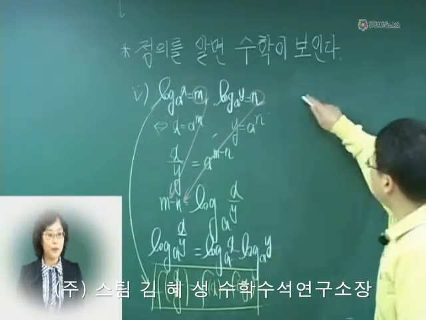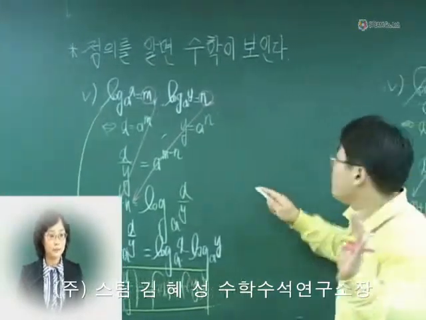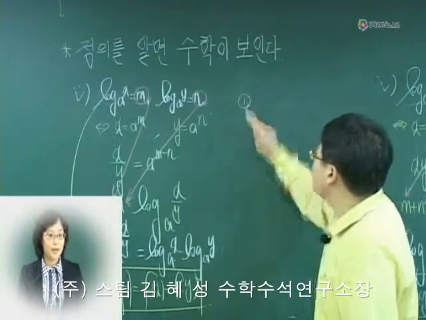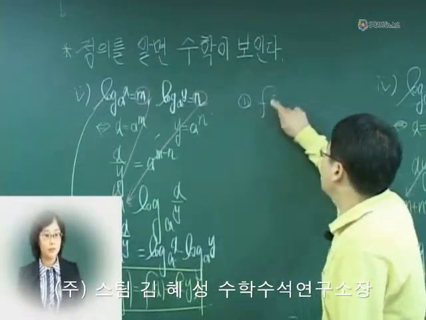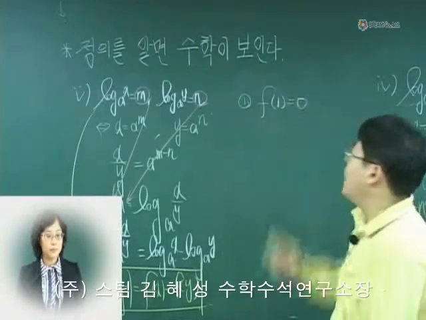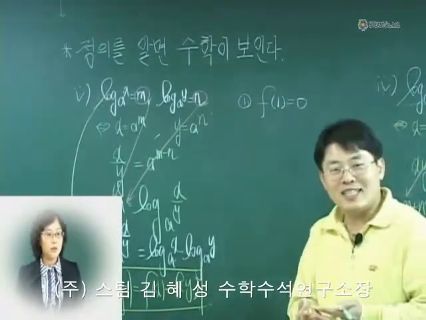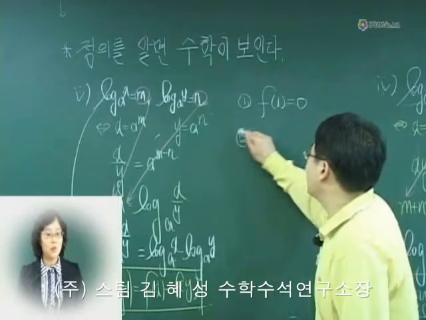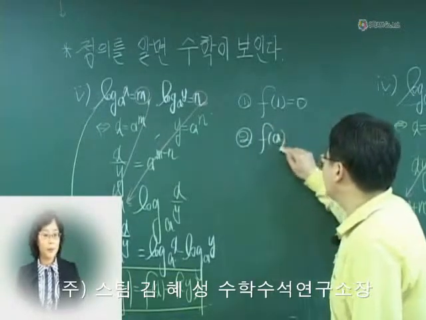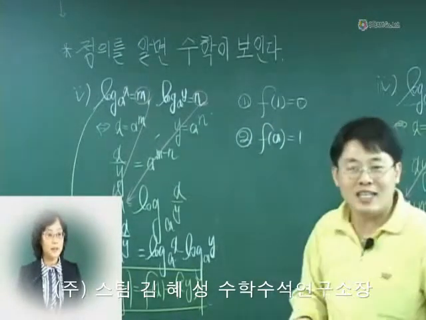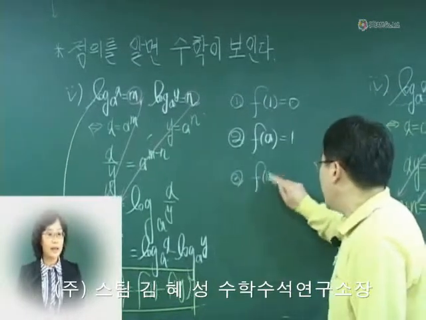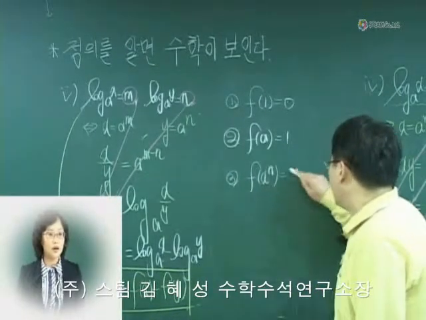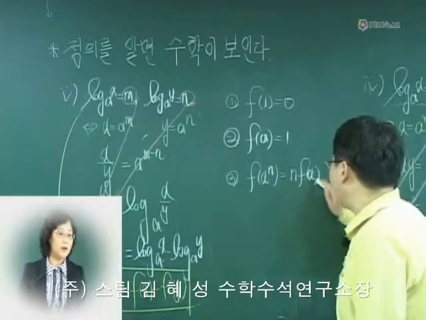Just write the properties. The first one: f of 1 equals 0. The second one is f of a equals 1. The third one is f of x to the nth power becomes n f of x.